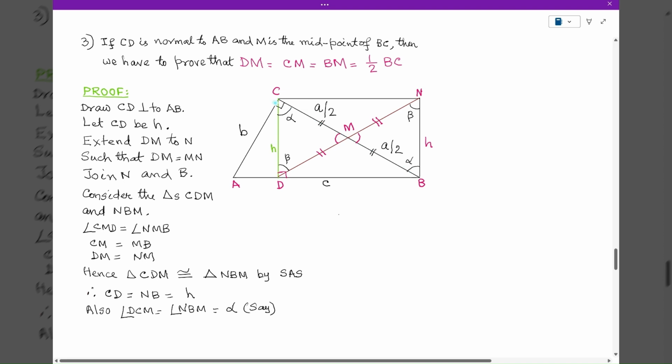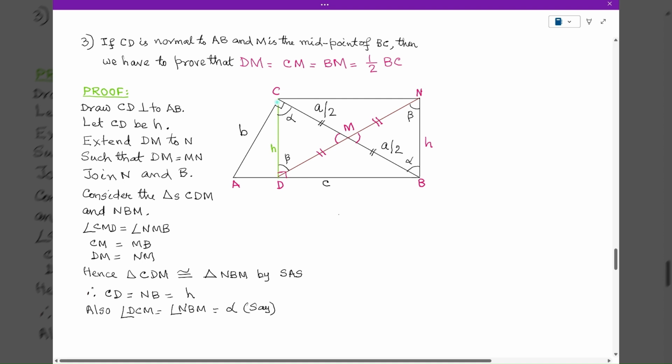Remember that we are considering this triangle ACB, which is a right angle triangle, and the right angle is at C. And the proof is like this.